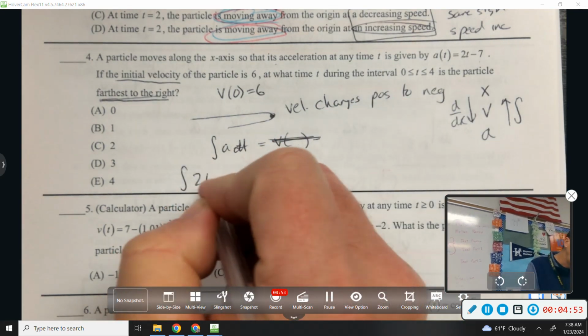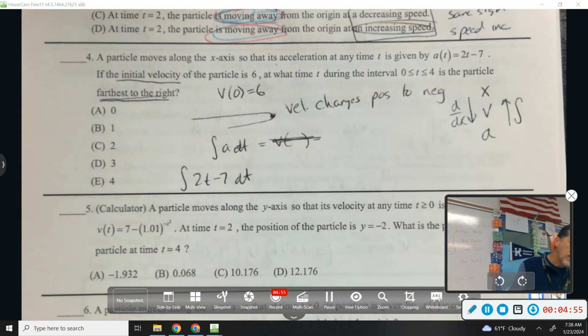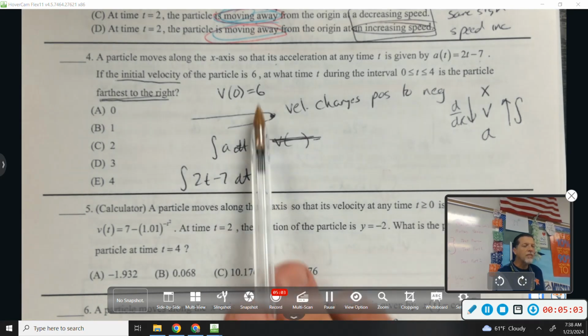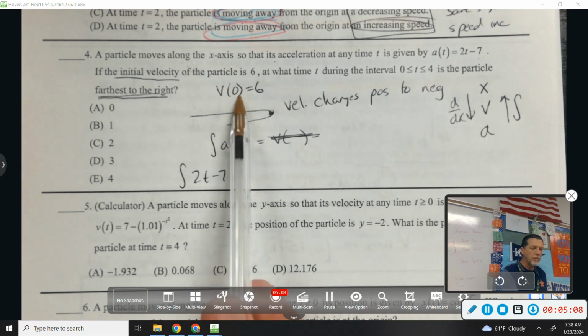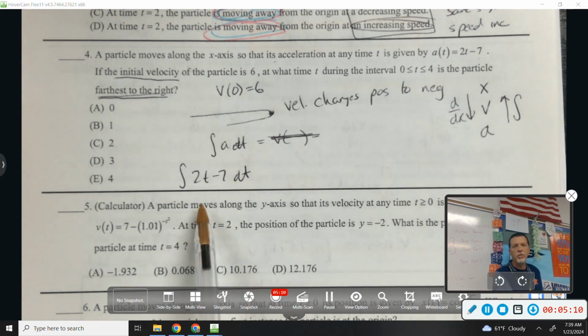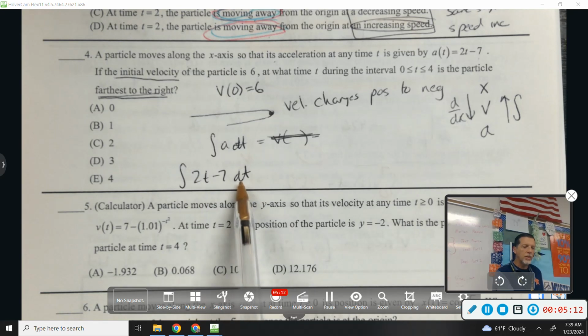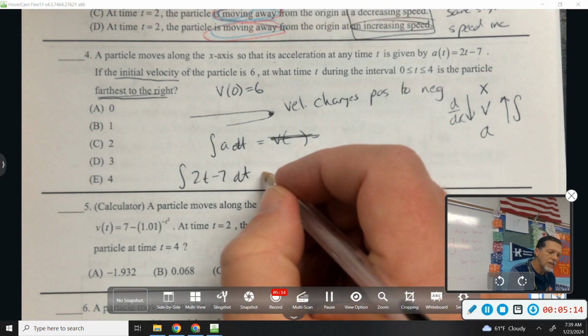Let's integrate A. So the integral of 2t minus 7 dt. And I'm going to get a plus C in there because I don't have two values to plug in. Like I don't have limits to think about. I mean, I got one of them, but I don't know which other one I should use. So I think I'm going to do the plus C part of this.